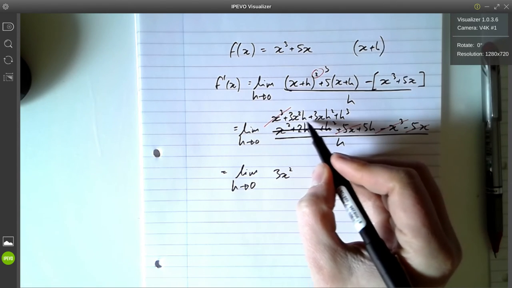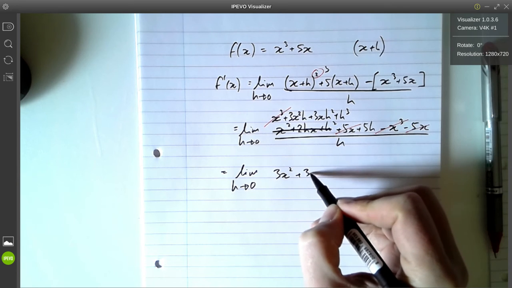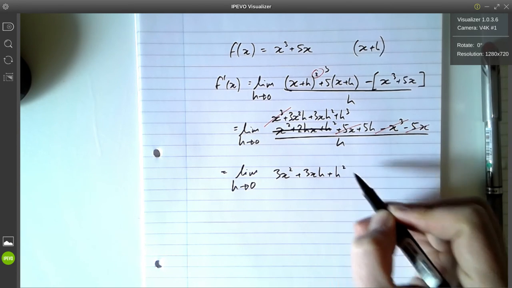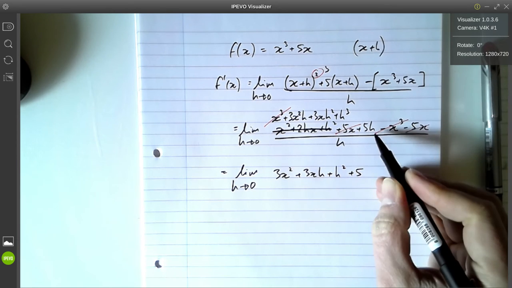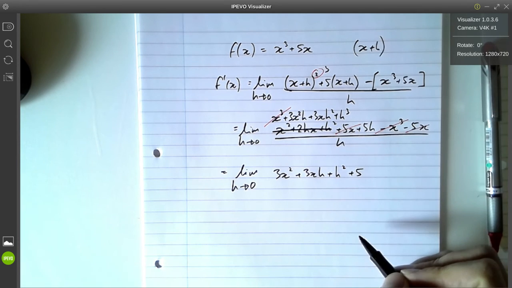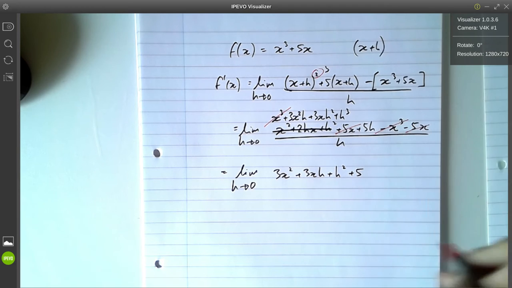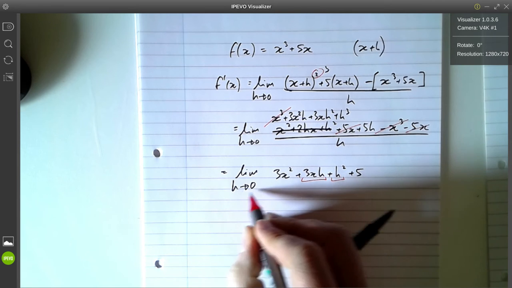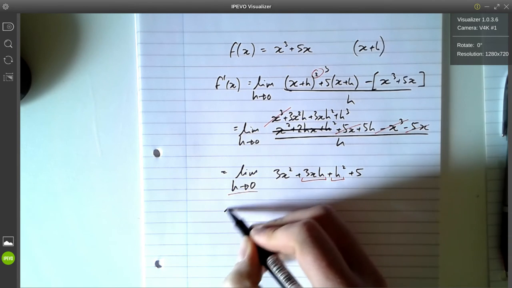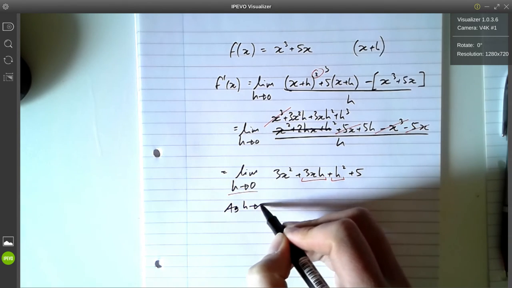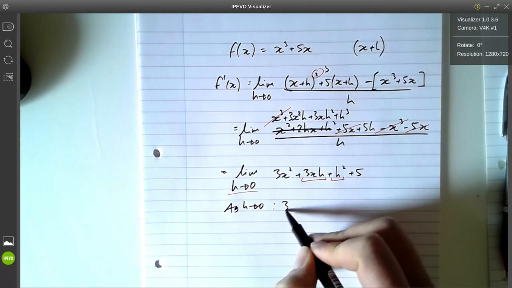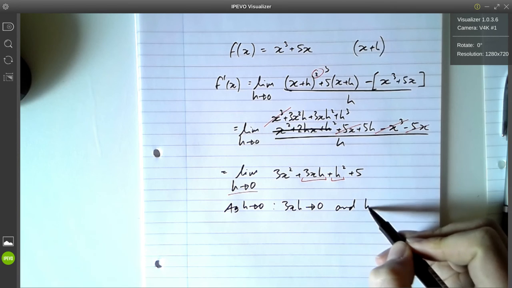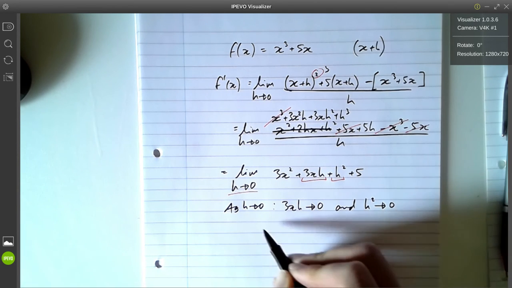So we've got 3x squared plus 3xh plus h squared plus 5, and then everything else is done. Any term that's still got an h left in it is going to end up being cancelled out as h tends towards 0. So as h tends towards 0, 3xh tends towards 0, and h squared tends towards 0.